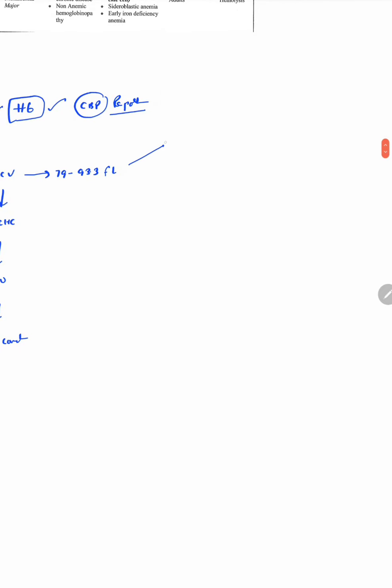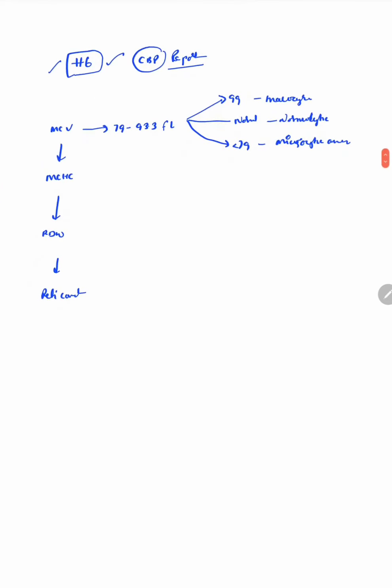If it is greater than 99, it is macrocytosis. If it is normal, it's normocytic anemia. If it is less than 79, it is microcytic anemia. So that is the thing.